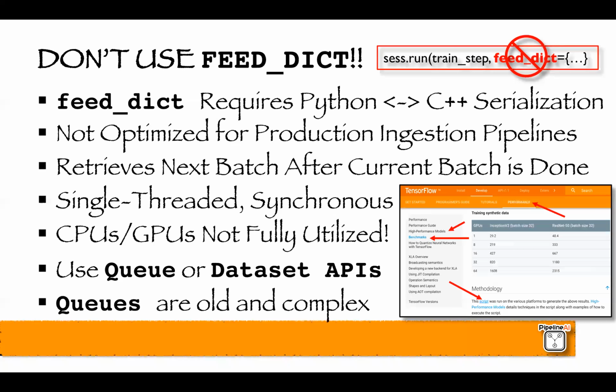So this is similar with feed dict. Feed dict is a Python specific way. It's a parameter that you pass to your session run command, and think of it like a big hash map. The problem is it's being pickled between Python and C++.